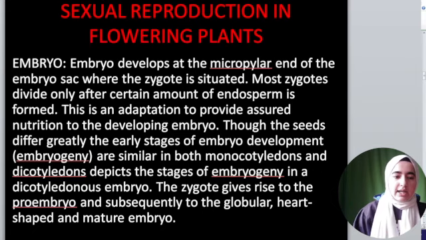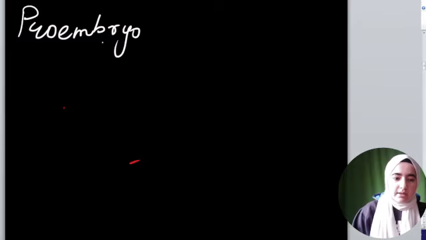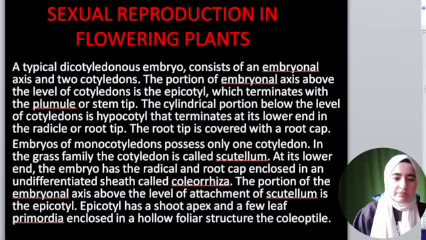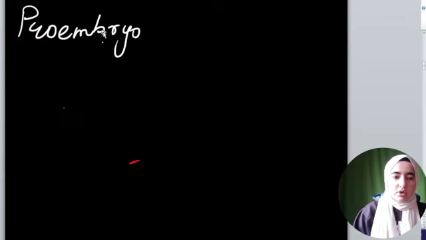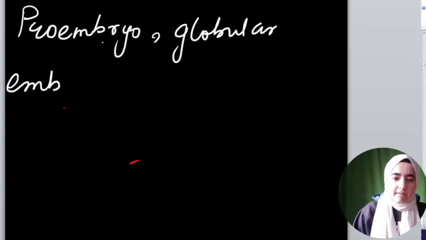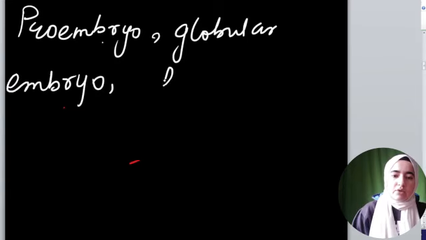Okay, how is that similar? Because embryo development takes place like this. First, embryo will form proembryo. Then globular embryo. Then heart-shaped embryo.